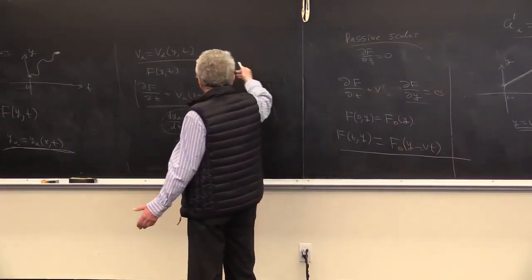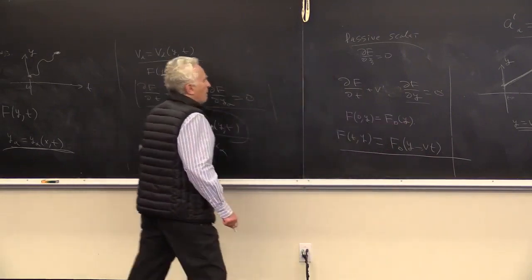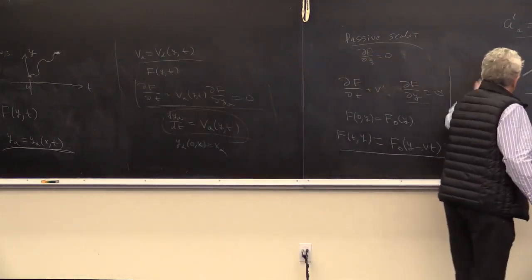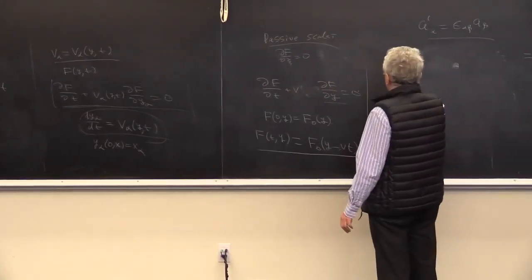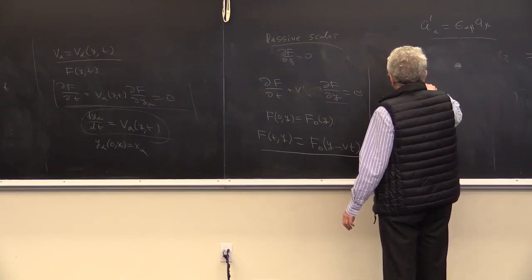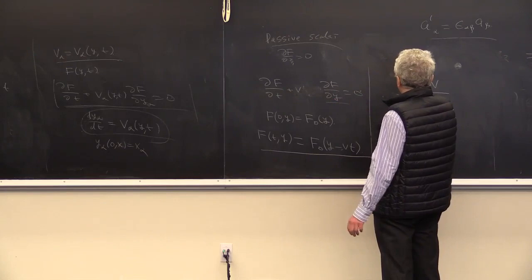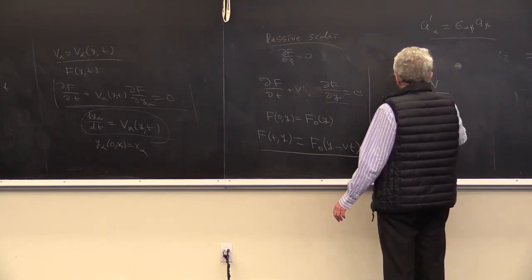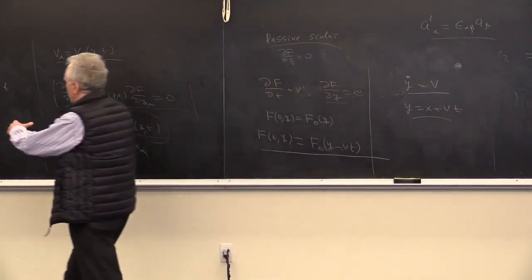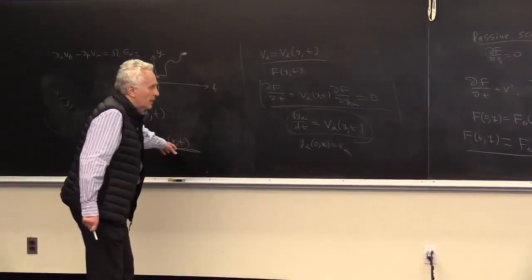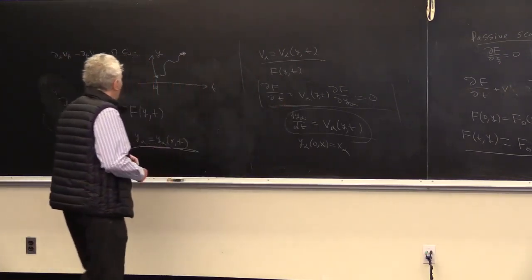For example, in this case the equation is simply y dot is equal to v. V is a constant, so we have y equal to x plus vt, and that's the equation for characteristics. Generally, it's some complicated function of x and t, but let's suppose we find it.